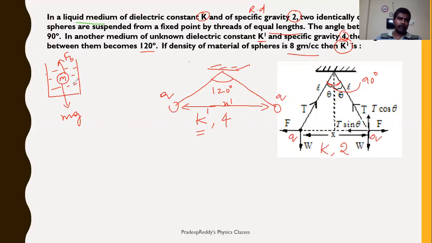Overall, if this body comes downward, I can consider it as F net. Simply, you can write F net is equal to the downward force, mg, minus the buoyant force. This is the concept you will be learning in class 11.